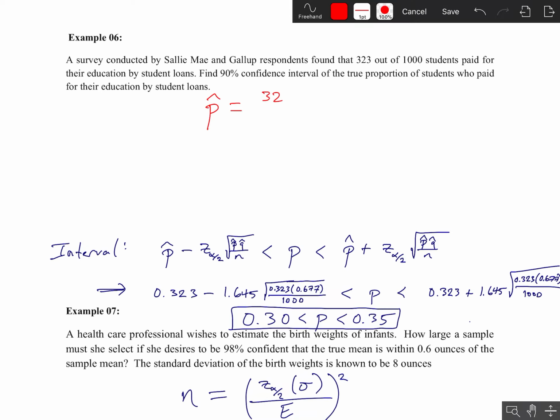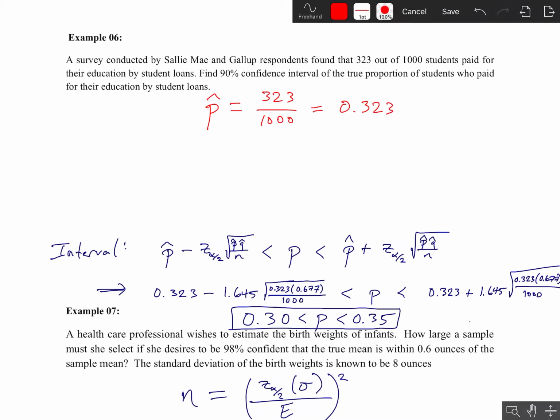So the sample proportion would be the proportion in our sample that paid for their education by student loans. So that would be 323 out of the 1,000. That's the proportion from our study that paid by student loans, and that would end up being 0.323.